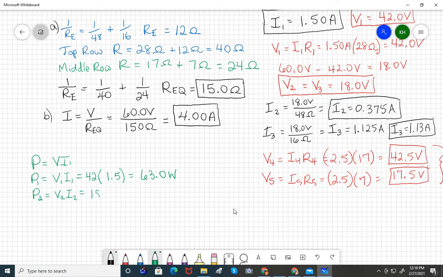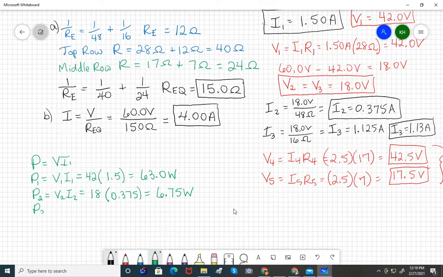We just continue that for each one of these. It had 18 volts. The current through the second one was 0.375. 18 times 0.375 gets 6.75 watts.